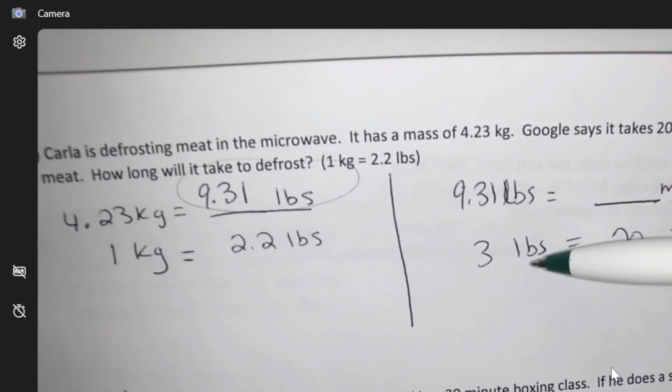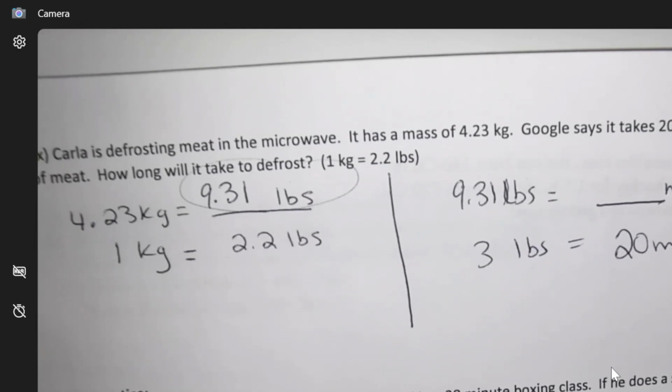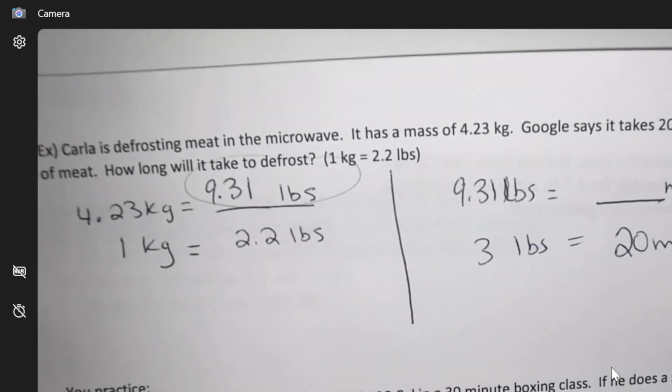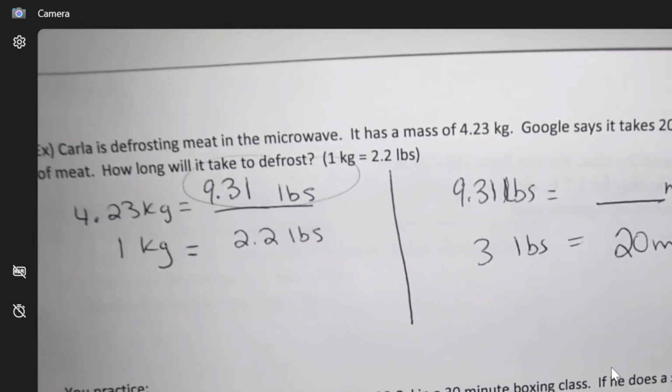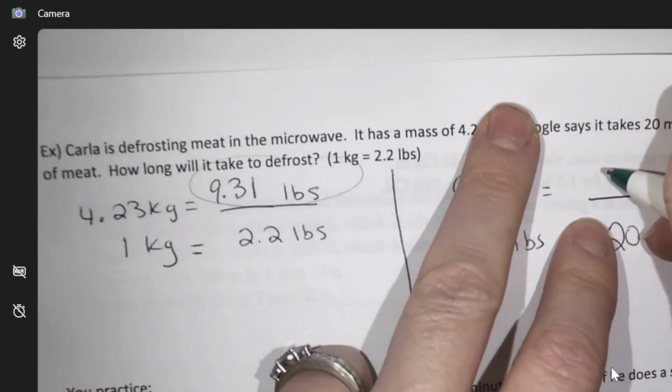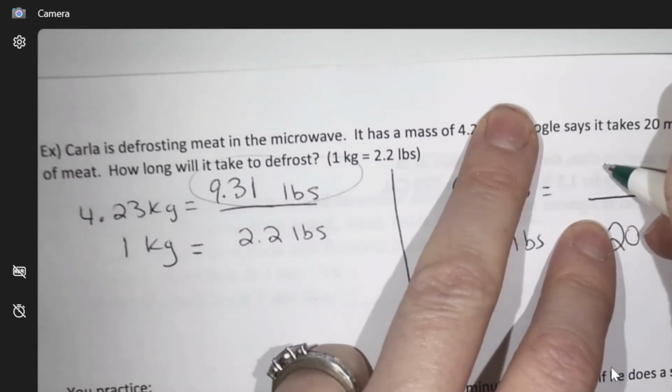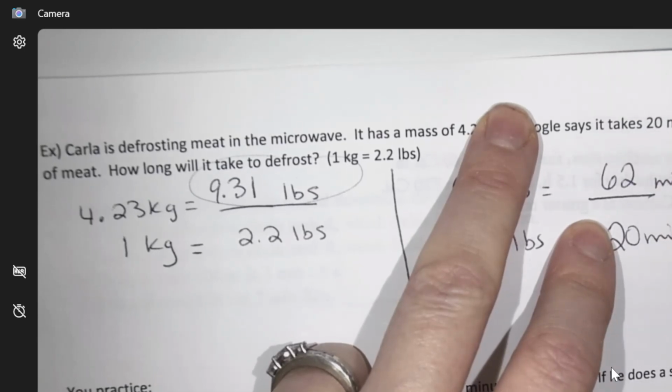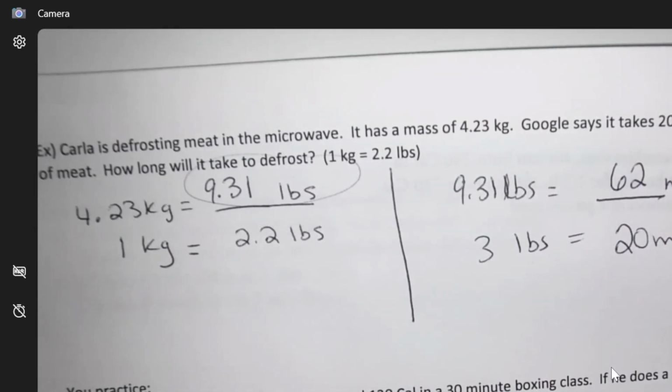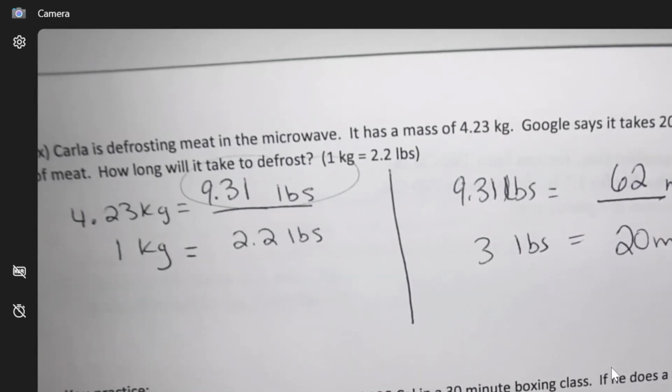Proportions, do you see? Pounds, pounds, minutes, minutes, always lined up together. I'm just going to go to a whole number on this one. So 62 minutes of time. Here's your final answer.